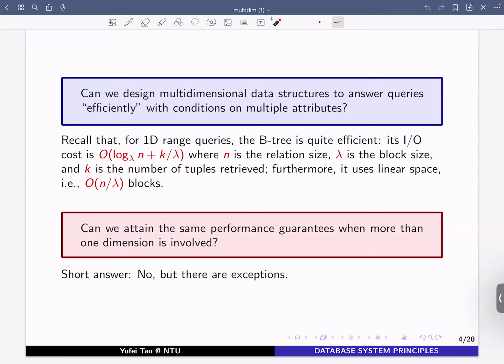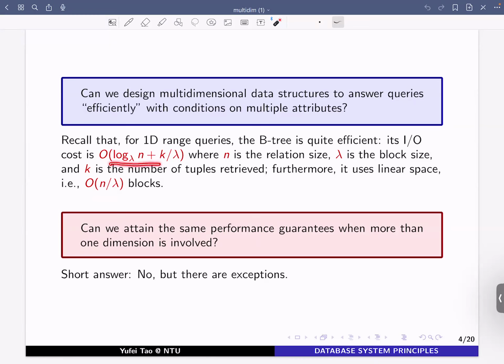So this n over lambda is the best you can do, basically. A data structure is said to use linear space if its space complexity is n over lambda.